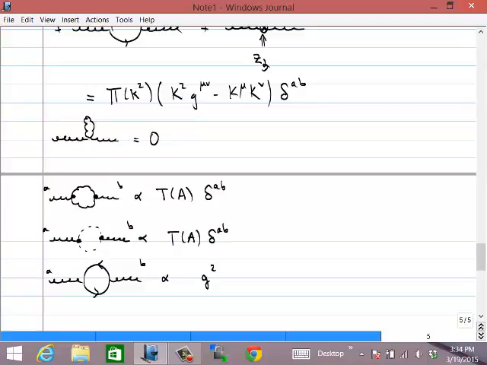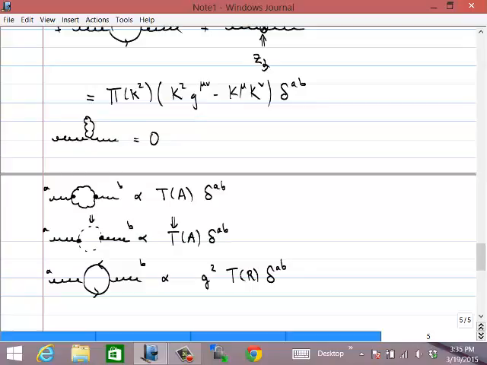Any other guesses? There's 2 factors. First of all, what's the group theory dependence? Well, this was a T of A because you had the adjoint running around in that representation. So this is going to be a T of R because you have a fermion in representation R running around in the middle there.